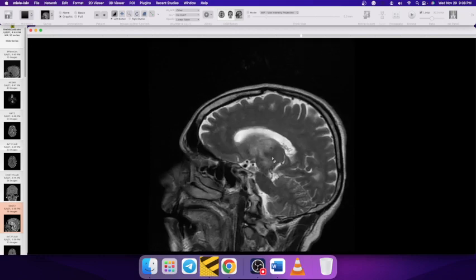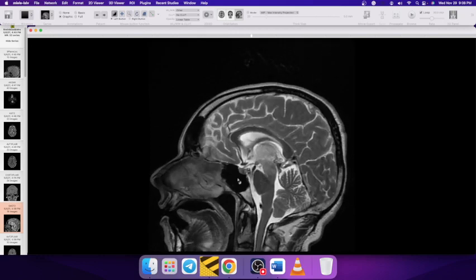On the sagittal images, we can see similar findings, although there's nothing more except that probably there might be a little tentorial ectopia, or cerebellar ectopia, or tonsillar herniation, although it's at borderline of 4.9.